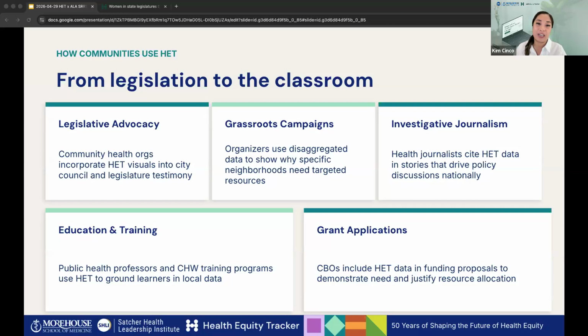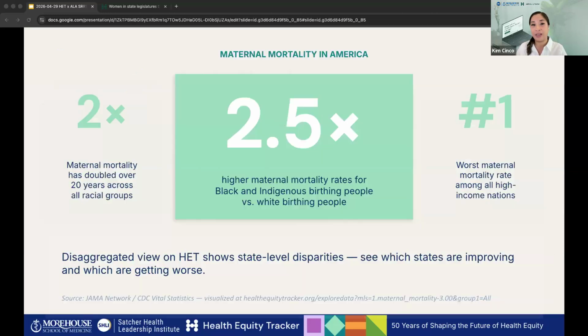And community-based organizations are including HET data in grant applications to demonstrate need and justify resource requests. That last one is huge. Funders want to see evidence. HET gives smaller CBOs access to the same data infrastructure that larger institutions have.